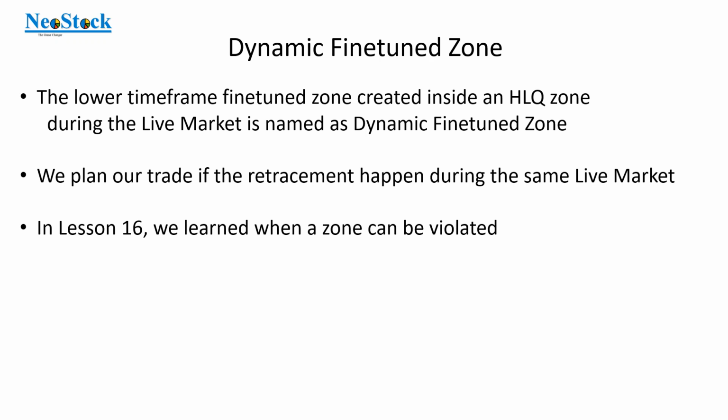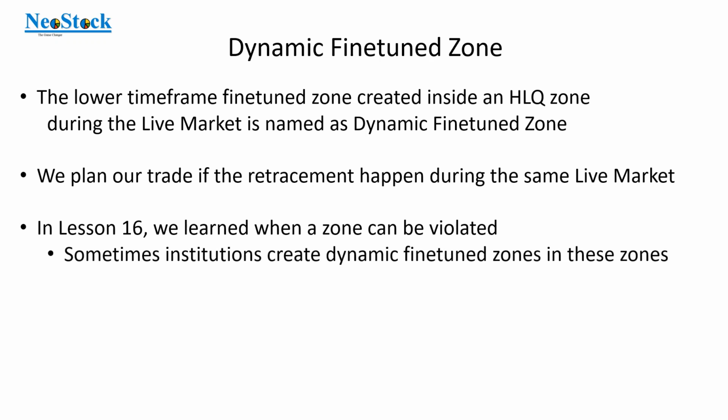But sometimes what will happen? Institutions create a dynamic fine-tuned zone in those zones that you identified as going to be violated. So they won't be violated, because sometimes institutions create a dynamic fine-tuned zone.